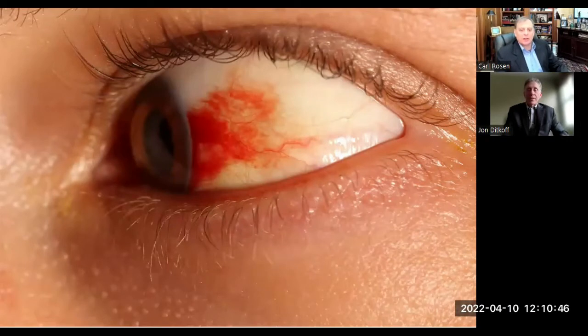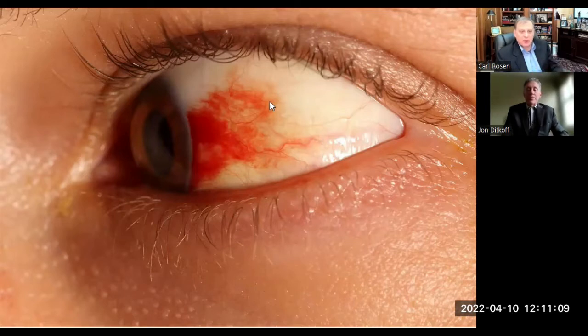So if we take a look at this image here, we see an eye and we see some blood on the lateral part, or the temporal part, of the eye next to the cornea. This is also known as the limbus. So this blood is underneath the conjunctiva, between the conjunctiva and the sclera.